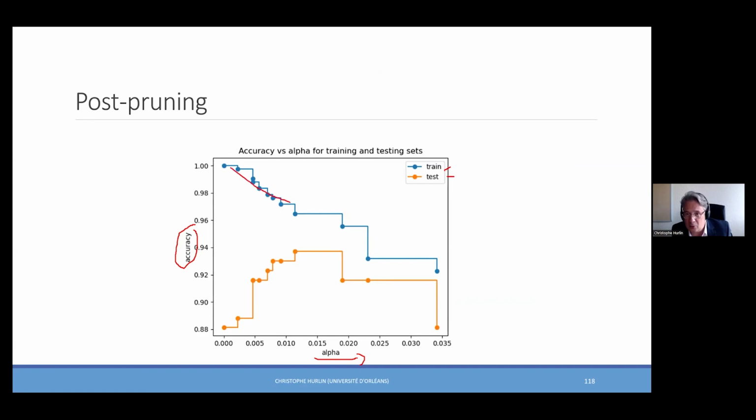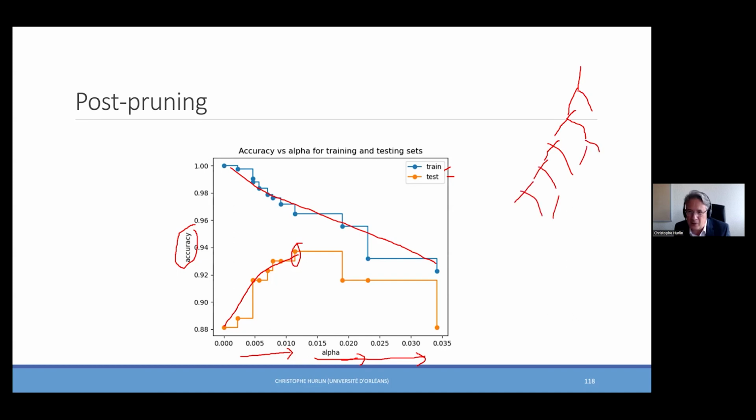On the train set, if I increase alpha, I decrease the complexity of the model, and so I have a decrease of the accuracy. On the test set, when I first increase alpha, it increases the accuracy of my model. Why? Because initially I have a very complicated model.